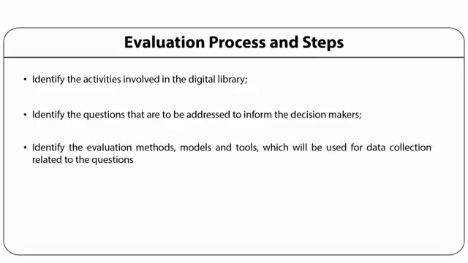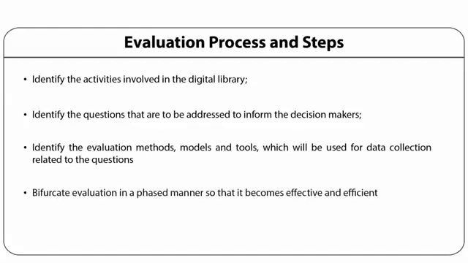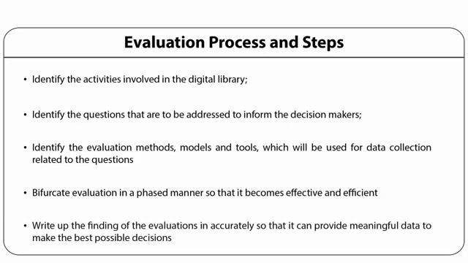Number 3, identify the evaluation methods, models, and tools which may be utilized for data collection. Number 4, bifurcate evaluation in a phased manner so that it becomes effective and efficient. Number 5, write up the findings of the evaluation accurately so that it can provide meaningful data to make the best possible decisions.